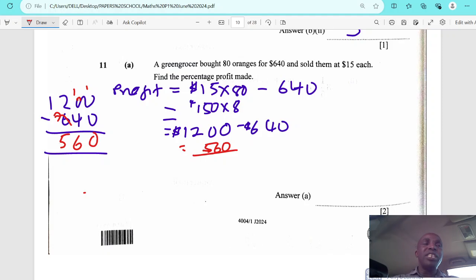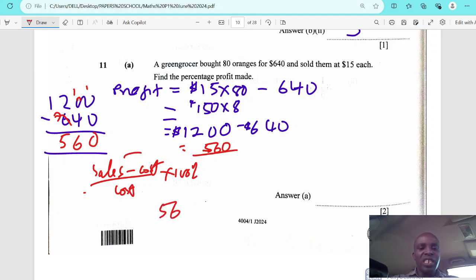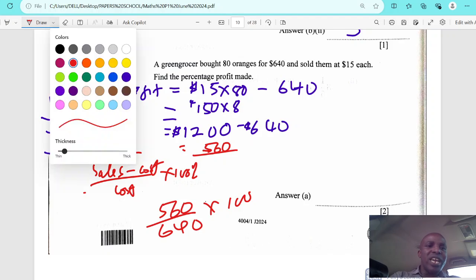Then to find the percentage profit, you say sales or revenue minus cost, over cost, times 100, expressed as a percentage. So it will be sales minus cost, that's the profit, which is 560, over cost, which is 640, then times 100.